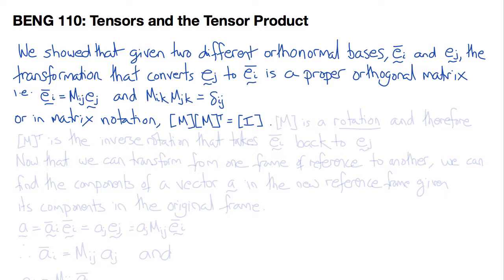So if M is a rotation that takes you from Ej to Ēi, then M transpose would be the inverse rotation that takes Ēi back to Ej.